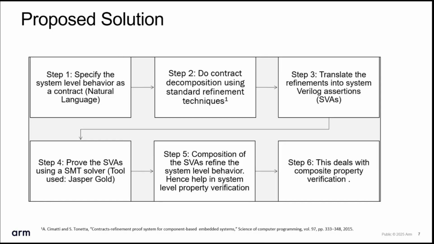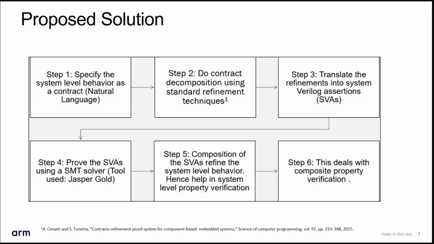In that case, we'll use the cascaded composition. There are designs which are fully synchronous in nature. In that case, we'll use the synchronous parallel composition of the properties to prove the target property at hand. Likewise, based on the nature of the design, we compose the properties and we realize the system level behavior.